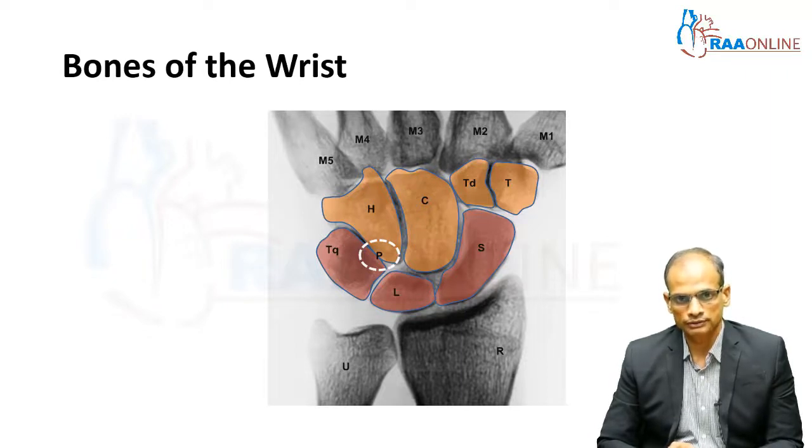Or in other words, the carpometacarpal joint of the little finger is much more mobile than the carpometacarpal joint of the index finger. This is the reason why humans have this quality of opposability of the little finger, which is very exclusive to the human race and not opposability of the thumb as it is usually thought.